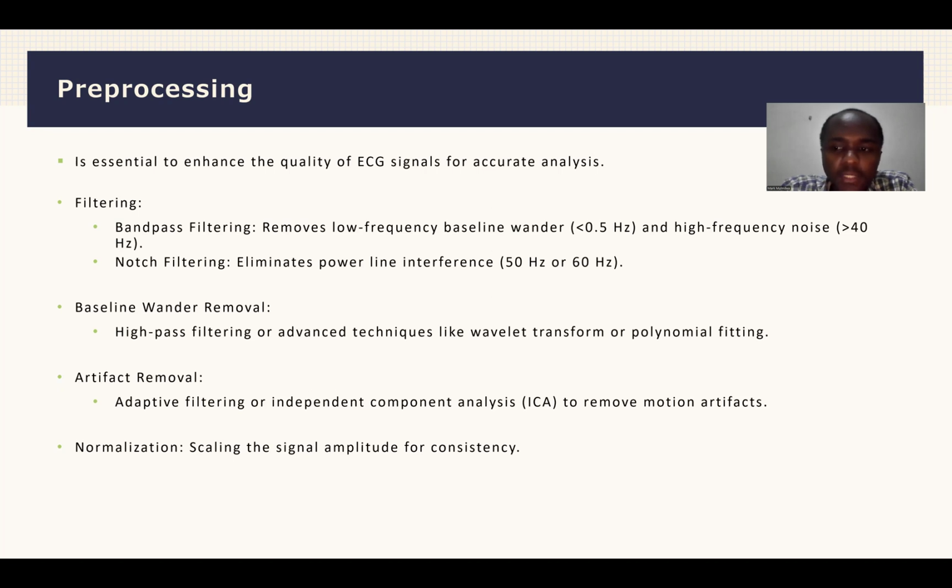It's a blind source separation technique used to separate EEG signals from artifact components. It identifies independent sources and allows removal of non-neural artifacts. Then regression-based methods use mathematical models to estimate and subtract artifacts from EEG signals.